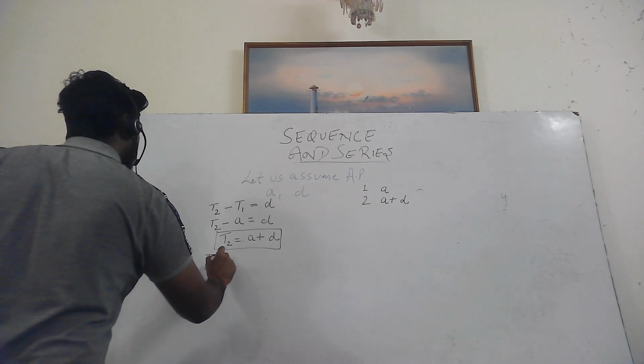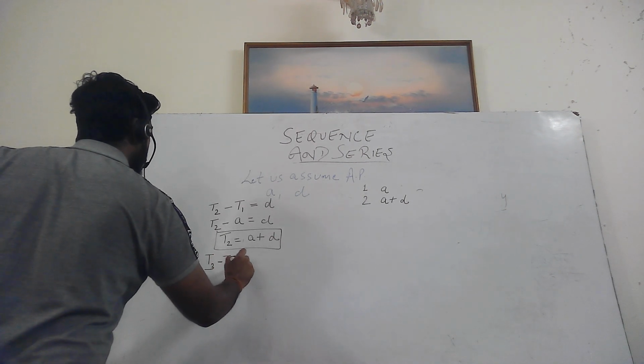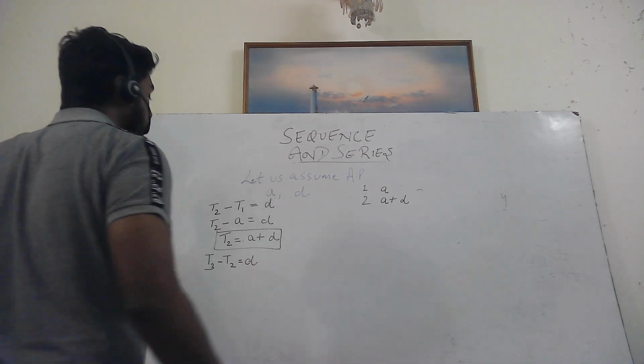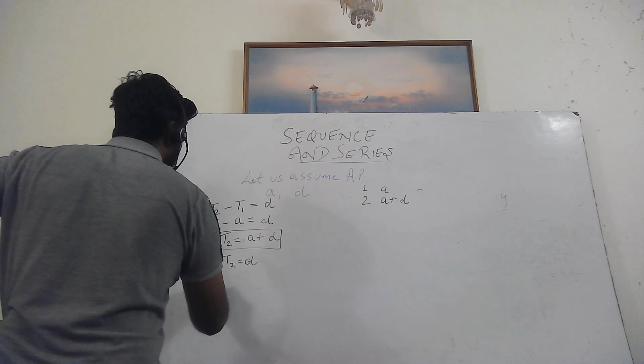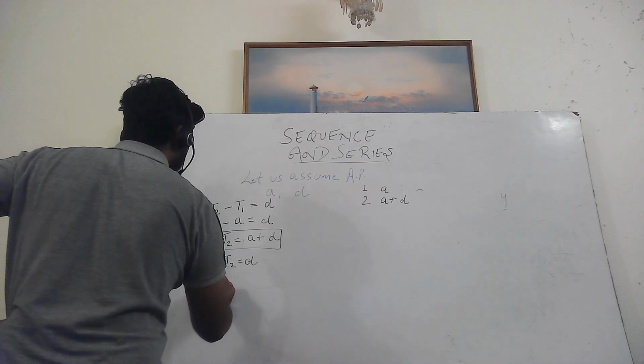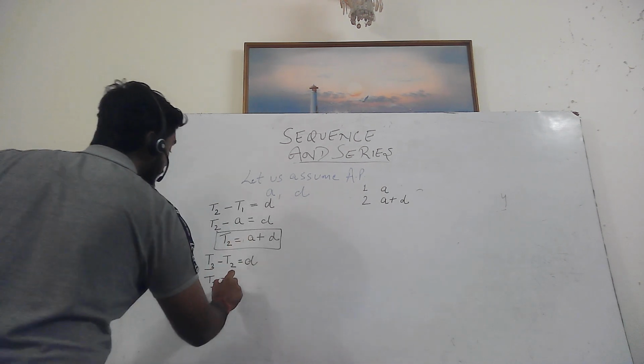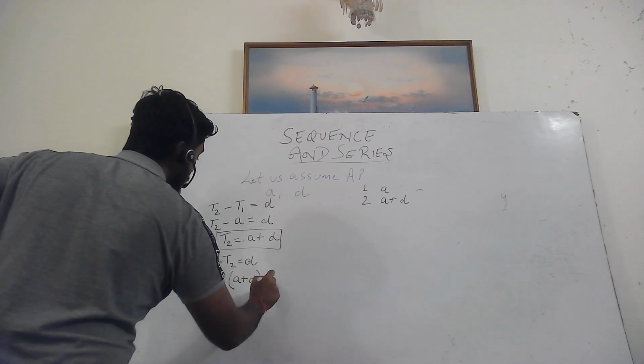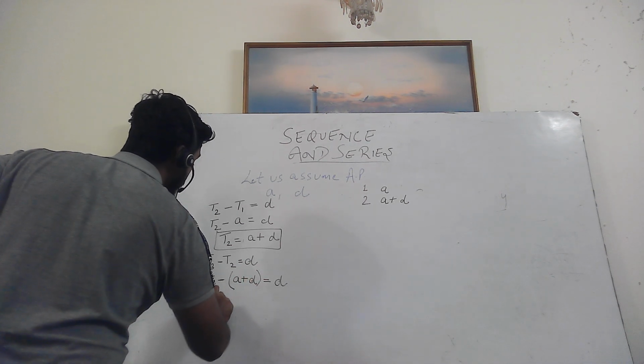T3 minus T2 is equal to D. So if I write down T3 minus the value of T2 we have calculated, A plus D, equal to D. So what's the value of T3?